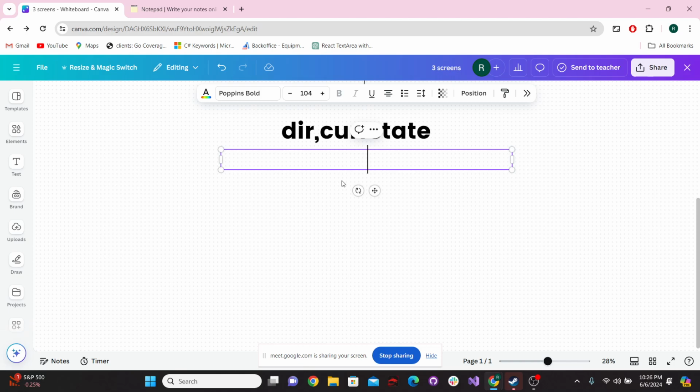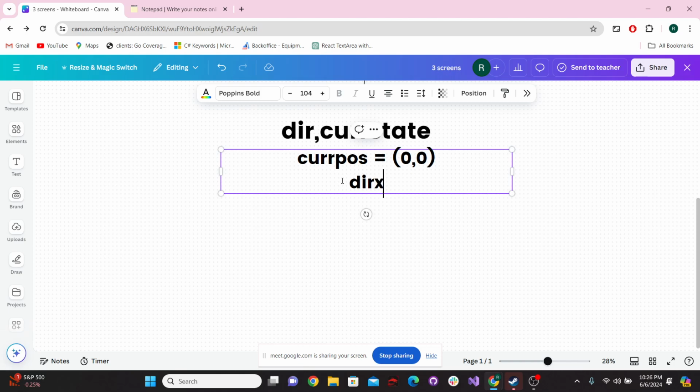Current position starts from 0, 0. Direction x is 0, y is 1.